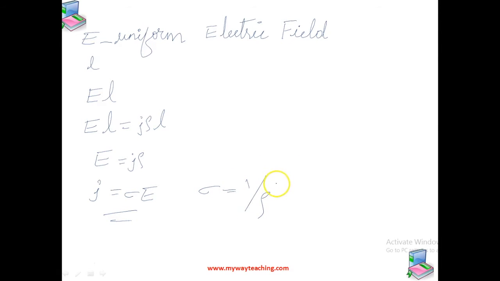We call this conductivity, the opposite of resistivity. Ohm's law is often stated in this equivalent form, J is equal to sigma E, in addition to the previous equation, V is equal to IR.